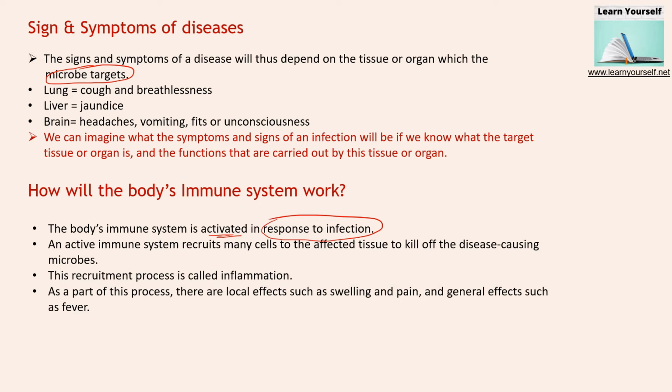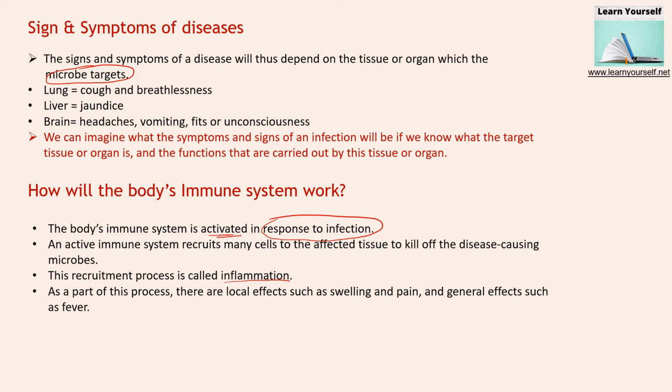An active immune system recruits many cells to the affected tissue to kill off the disease-causing microbes. So our cells will attack these viruses or bacteria and control the infection. This recruitment process is called inflammation.